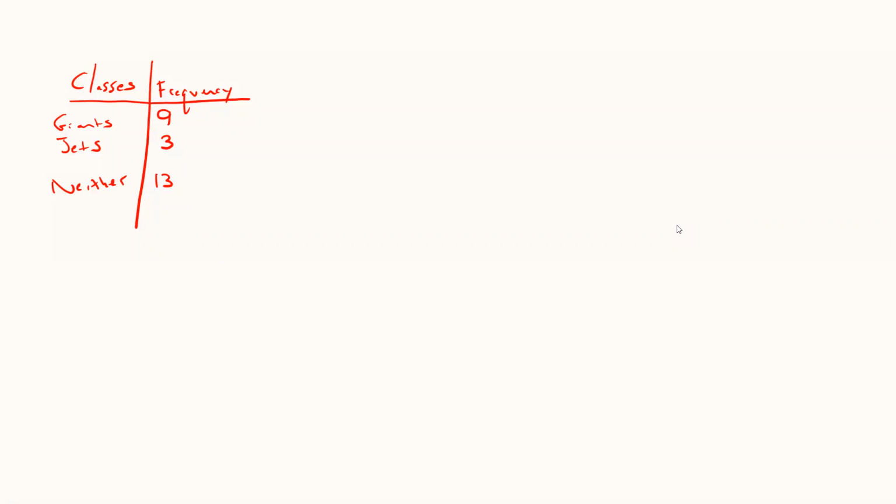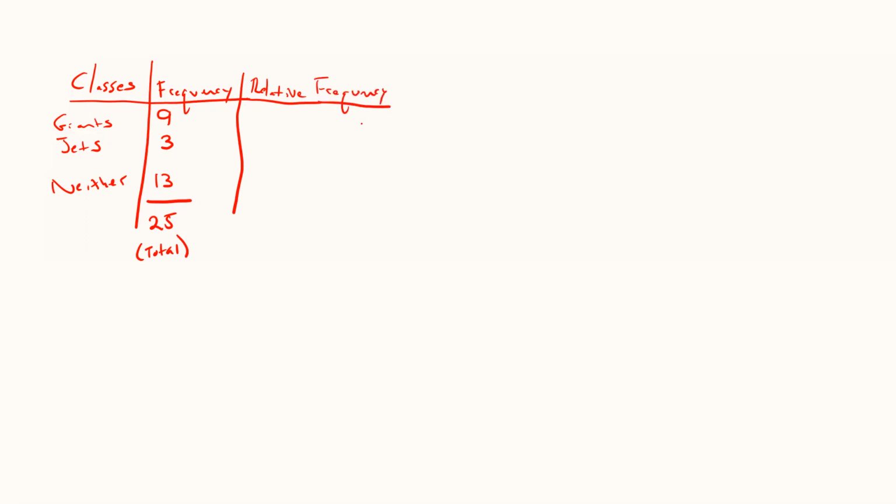All right, so if you look here, we have the total number of people who participated in this poll. All right, it was 25. So this is our total. So next what I want to do is I want to take this and I want to write what is the relative frequency.